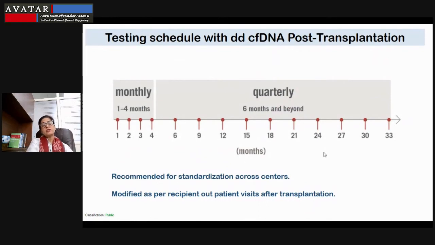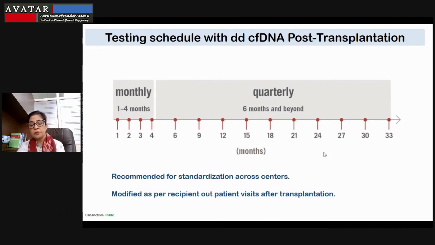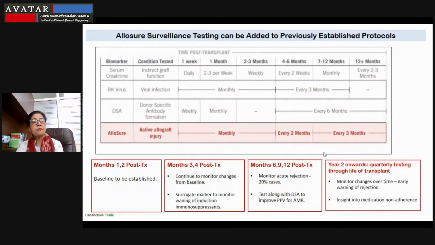The testing schedule with donor-derived cell-free DNA post transplant is once a month for the first 4 months and then quarterly. However, the recommendations vary and can be formulated as per the protocols being followed in any institute and modified as per the recipient's requirement.